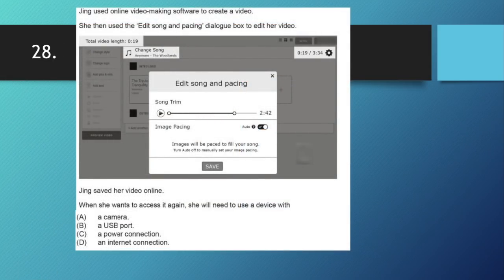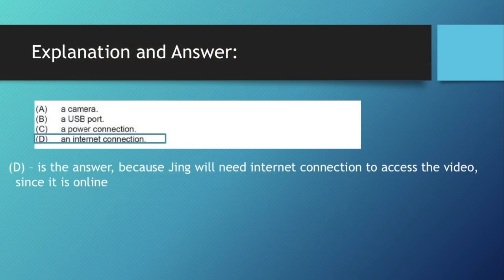In this question, we need to find out which of these things Jim needs to access a video online. D is the answer because Jim will need an internet connection to access the video since it's online.